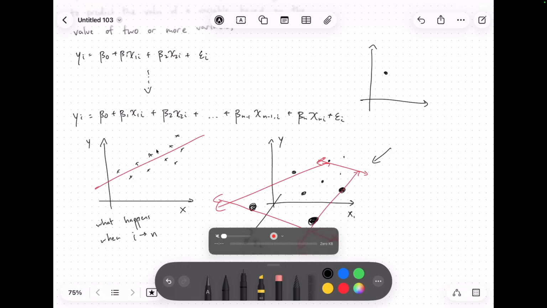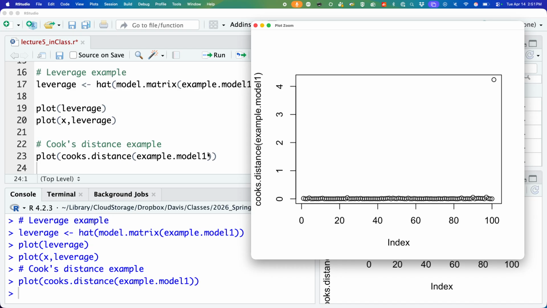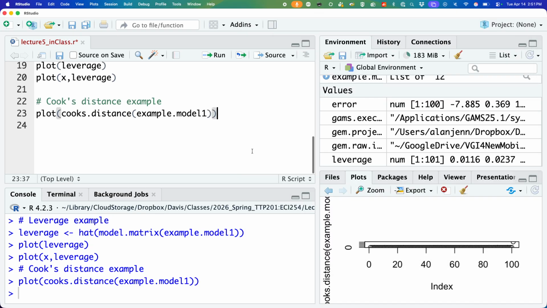So let's take a look at implementing this in R. Okay, so multiple variable regression.